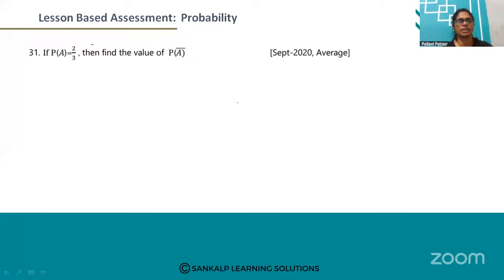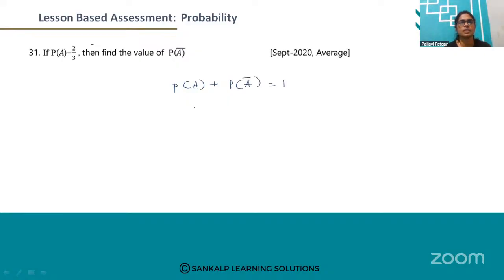Look at the question number 31. If P of A is equal to 2 by 3, probability of an event is equal to 2 by 3, then find the value of the probability of the complement. Here, the sum of the probability of an event and its complement is always equal to 1. So, P of A plus P of A complement is equal to 1.